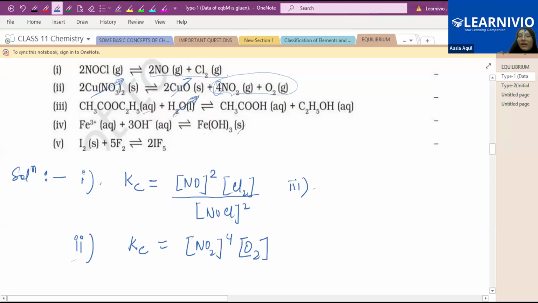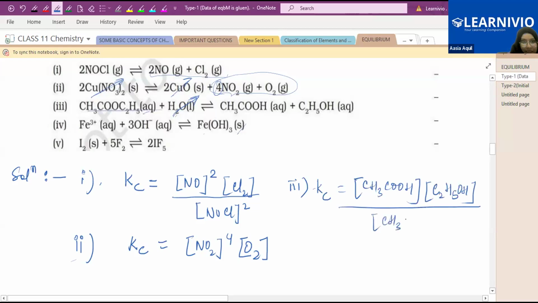So you will not write the concentration of H2O in your equilibrium expression. So what will be the equilibrium expression? Kc is equal to the concentration of CH3COOH multiplied by the concentration of C2H5OH upon the concentration of CH3COOC2H5. Clear to everyone?